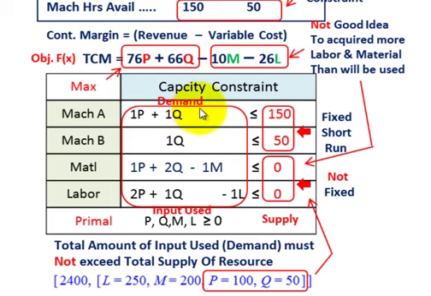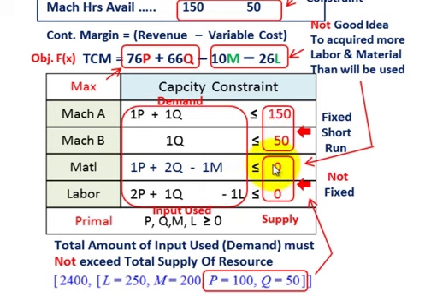So just to make a point for the capacity constraints, this is our demand side, or that's the input that's used here. And then over here, our constraints, those are really the supply. That's the supply we have. In the case of machine A, we have 150 hours, machine B, 50 hours. But for material and labor, because we're trying to come up with those exact amounts, we're setting those equal to 0.